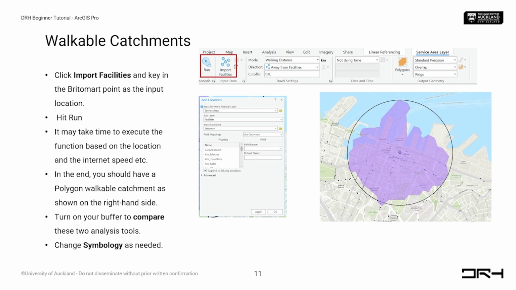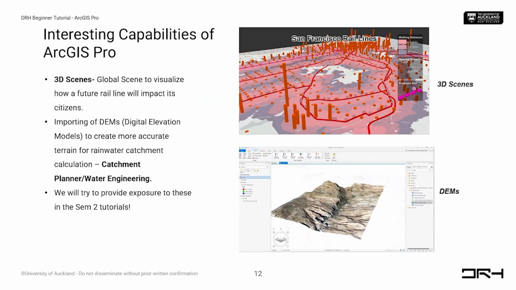Some may be more apt in one circumstance, whereas others will be in another. So, interesting capabilities of ArcGIS Pro. Just to finish off, you can also view 3D scenes, as you can see on the screenshot over here. This is showing how many units, the distance between rail stops in San Francisco. You can also import digital elevation models, which is a more accurate way of displaying topography in ArcGIS.